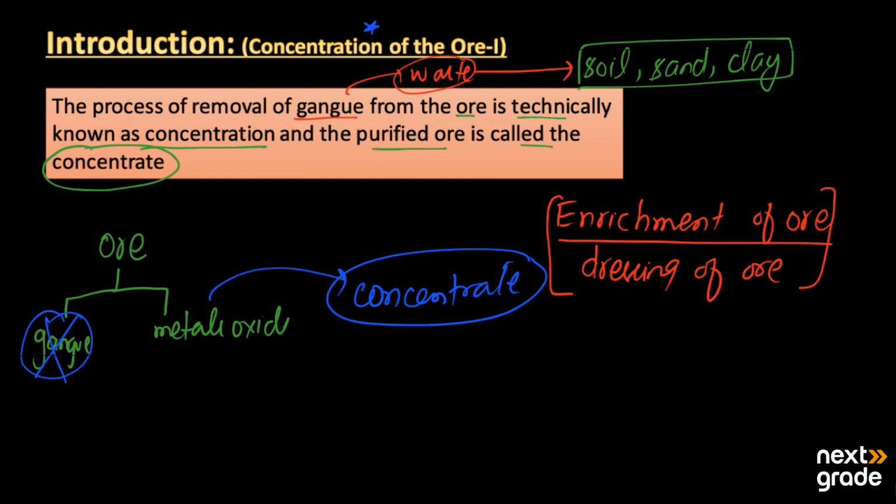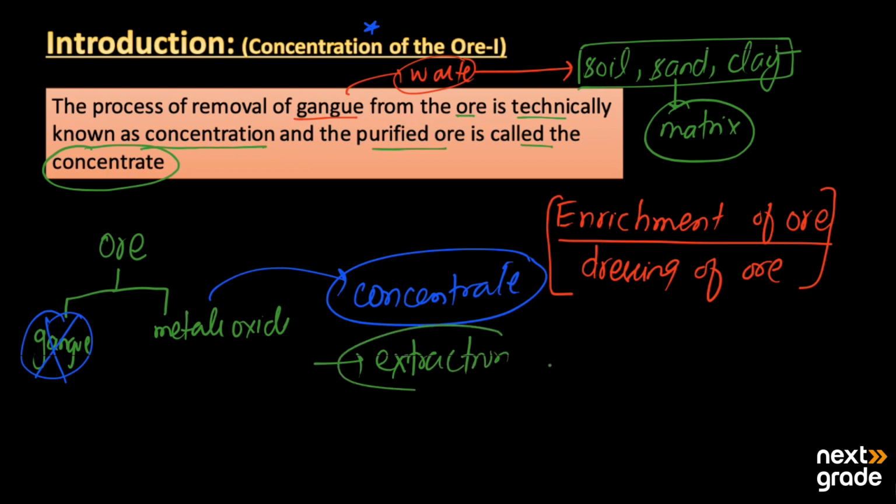In this process, we remove the rocky material, sand, soil, and clay from the ore. This matrix is also known as the gangue, so both names can be used. These impurities must be removed from the ore before the process of its extraction.